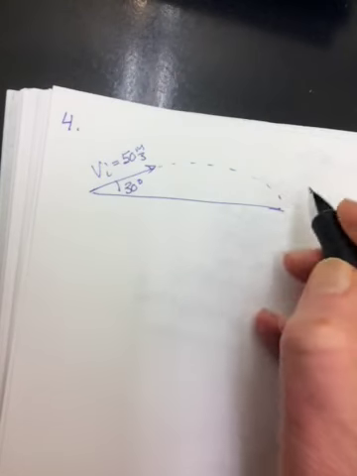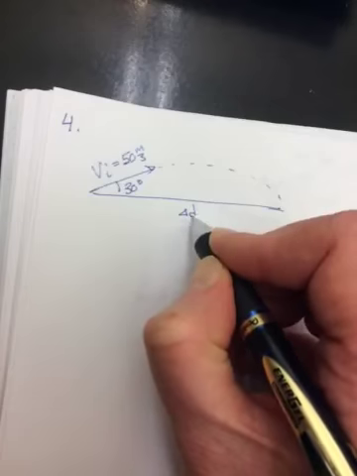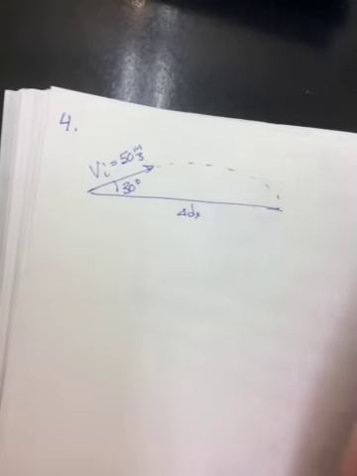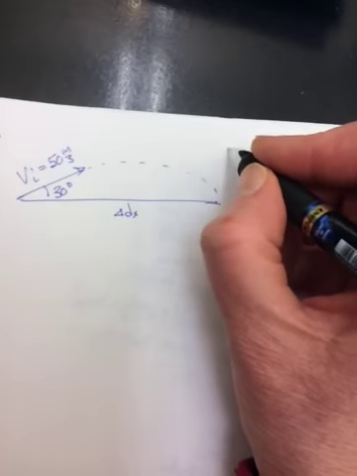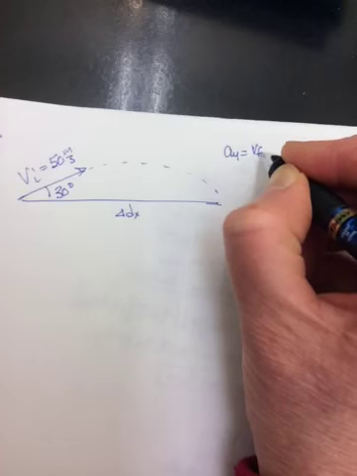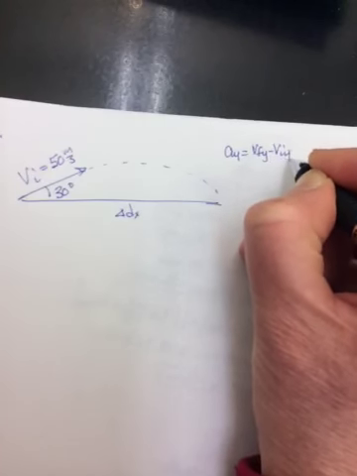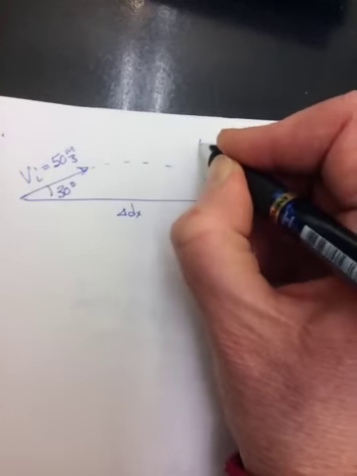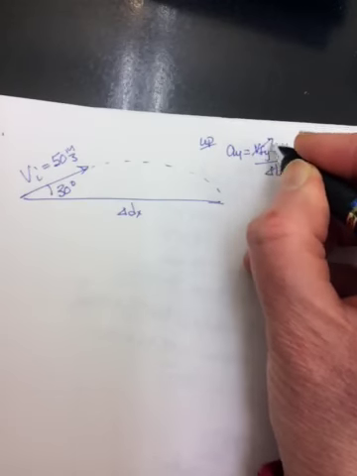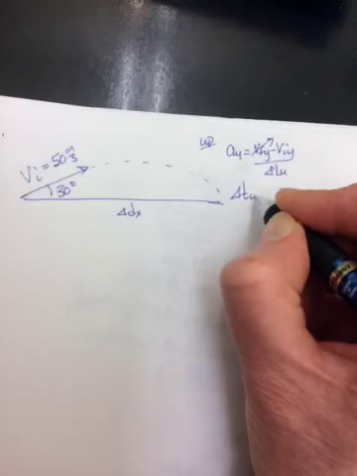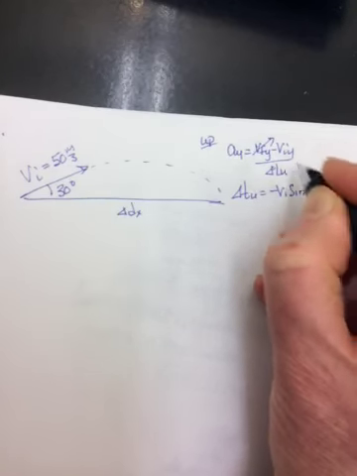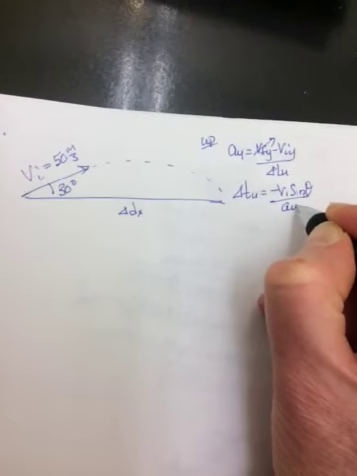Looking for delta dx. Okay, but to find delta dx, you need to find the time in the air, and to find the time in the air, you're going to need to do AY is equal to VFY minus VIY over delta T. If we look at just up, this will be TU, this will go to 0, so TU will equal negative VI sine theta, because that's what VIY is, over AY.